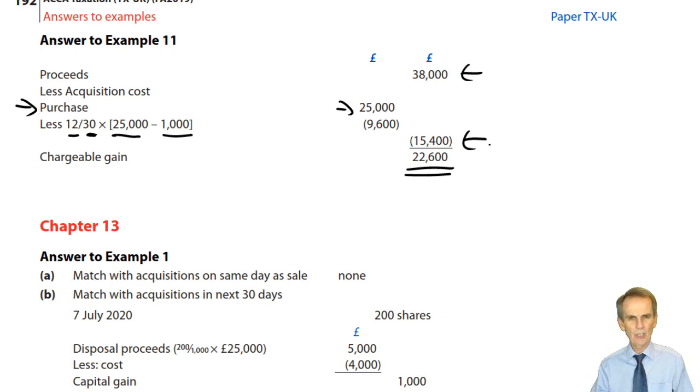The two remaining chapters dealing with individuals, the next chapter deals with a very particular asset and one that is frequently, indeed usually tested, and that's the disposal of shares, where yet again the problem that we have seen already, certainly in the latter part of this chapter, is that when you sell some of but not all of an asset, how do you know the allowable cost? We've dealt with the generic part disposal rule.